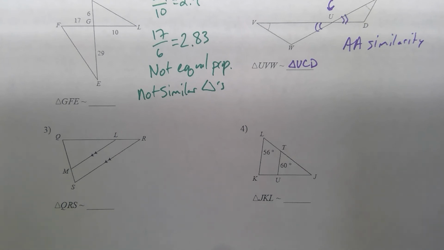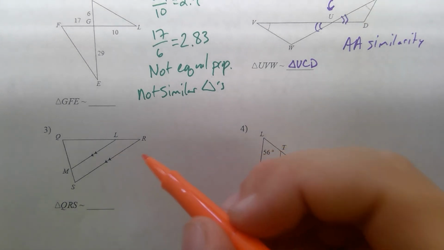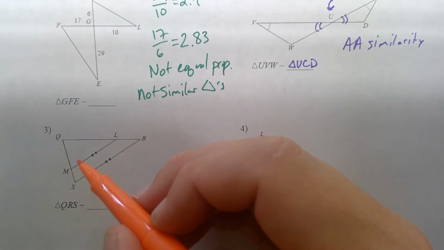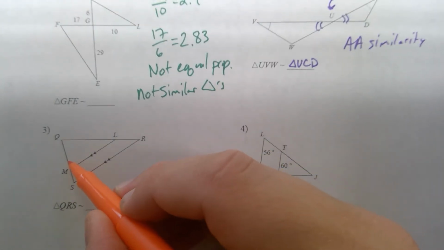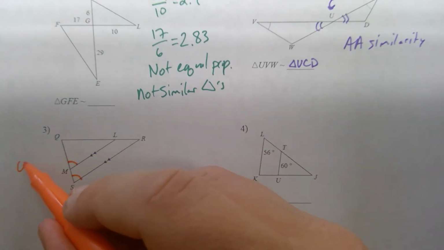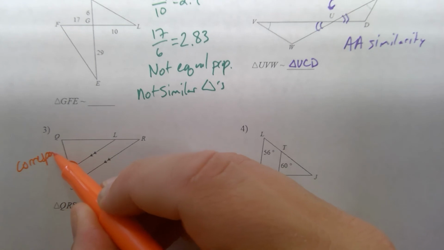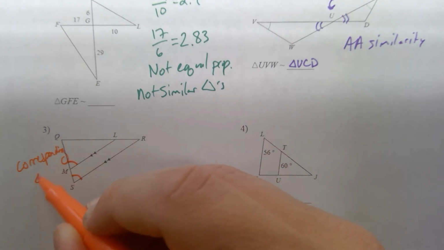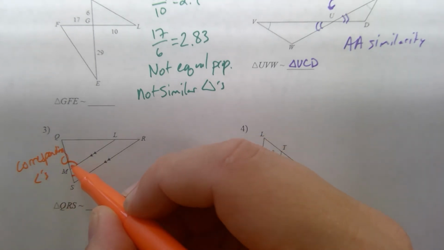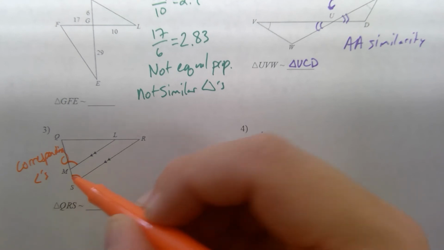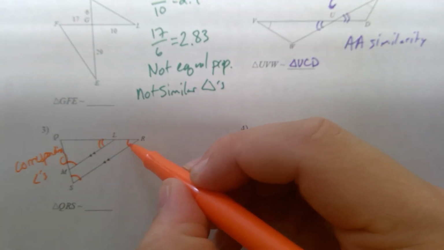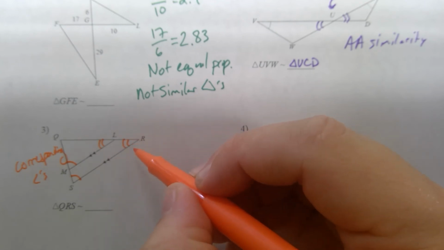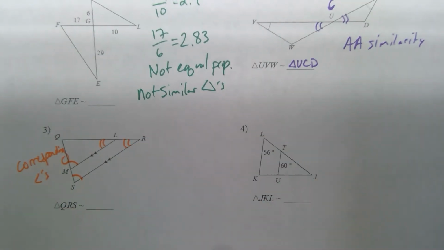All right, so this one looks similar to what we just saw a little bit ago. We've got parallel lines here, which means that we have these two angles are corresponding. They're both in this sort of like top area. And then we also know that we've got these angles at L and R, which are in the bottom left area.